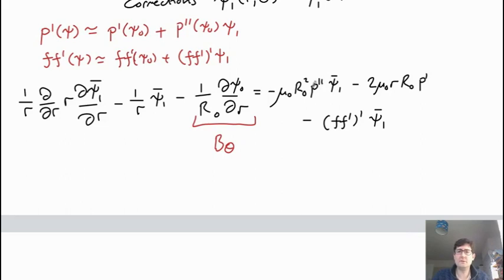So we have a d by d psi naught in these terms here. And so we can try and write this as d by d psi naught, which is each of these primes. We can turn them into d by dr, so radial derivatives. And then this part is just 1 over r b theta.